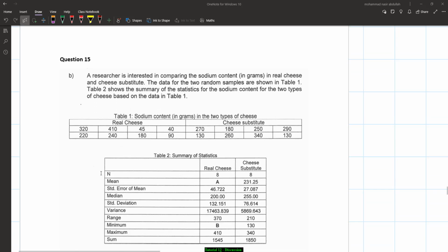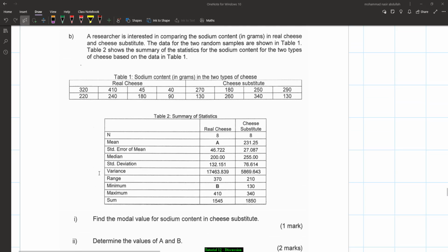Question number 15. A researcher is interested in comparing sodium content in grams in real cheese and cheese substitute. The data for two random samples are shown in table 1 and table 2. Table 2 shows the summary statistics of sodium content of two types of cheese based on data in table 1.